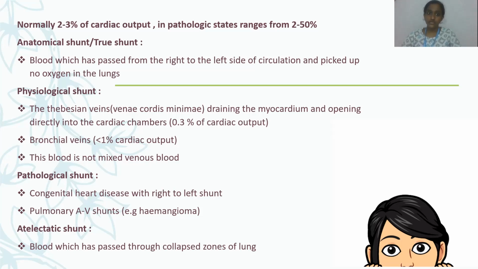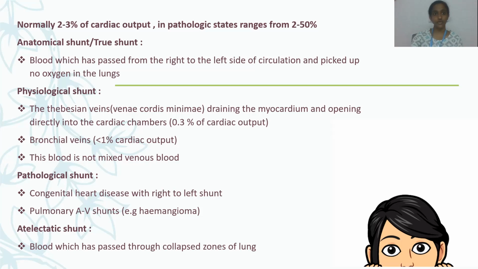They drain into the left side of the heart, so they are physiological. 5% is normal only. Whereas whenever we have an ASD or a VSD, due to congenital heart diseases, whenever there is a mixing of the right and the left side of the blood, that will lead to a pathological shunt. That is an extra amount of shunt blood that is added. So that will be pathological.